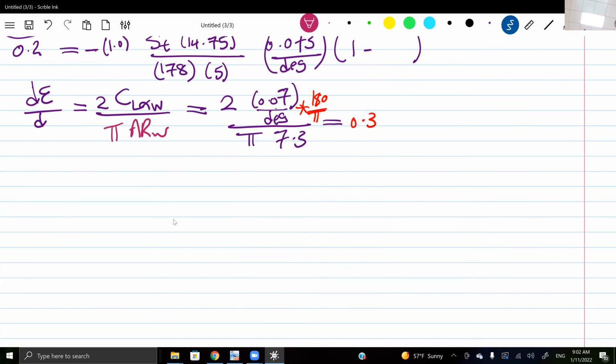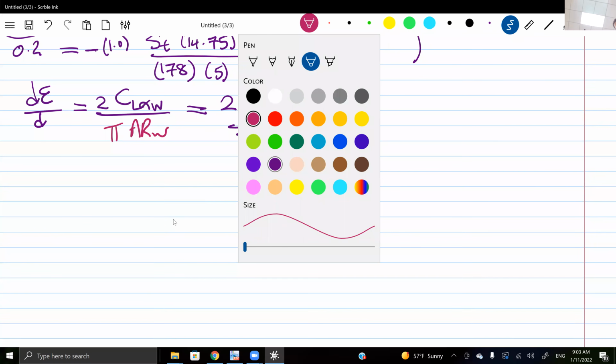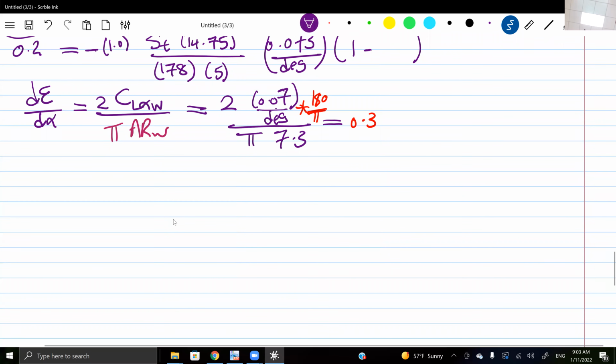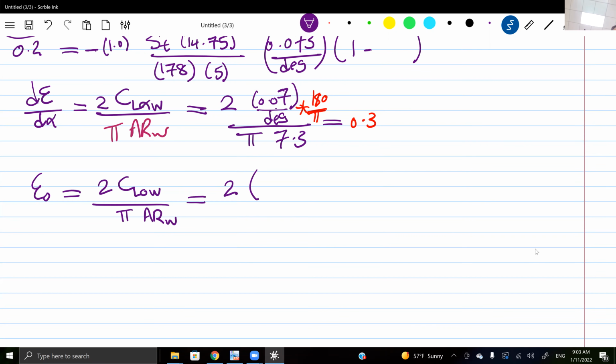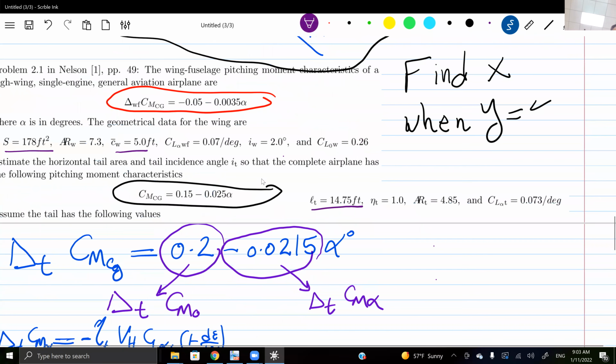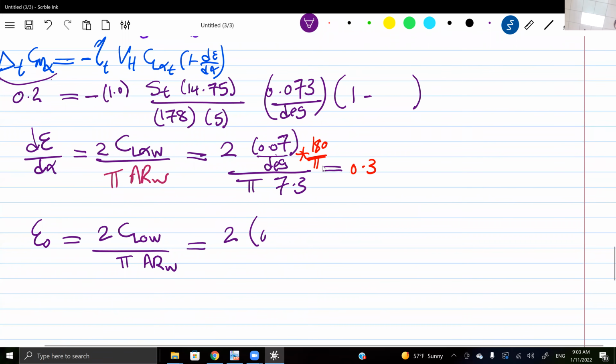Ratio of the wing. I'm going to do a similar equation for epsilon naught. It's 2 CL naught wing over pi aspect ratio wing. This is 2. CL naught wing is 0.26. Pi aspect ratio wing 7.3.